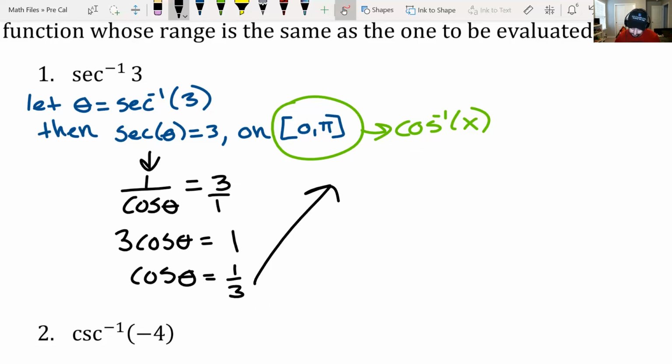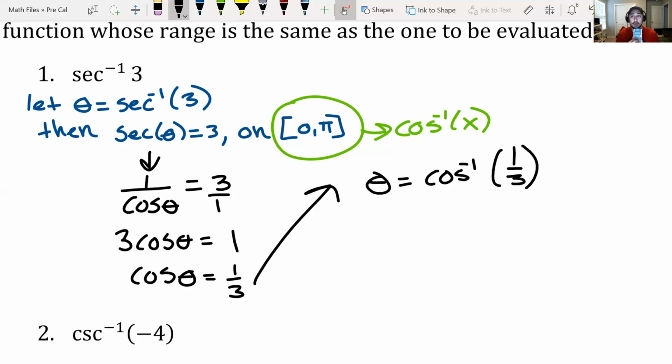This becomes theta equal to the inverse cosine of 1/3. And voila, we're there. If you look at your calculator, is there an inverse cosine button? There is. All you have to do is hit shift and cosine, and it should give you the inverse cosine of 1/3. We have that button now.